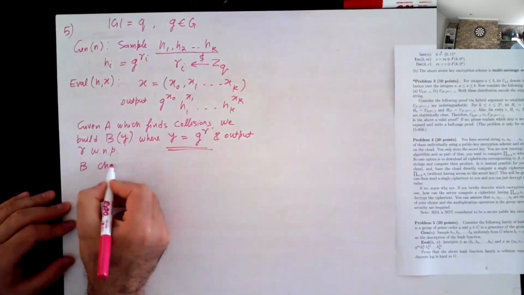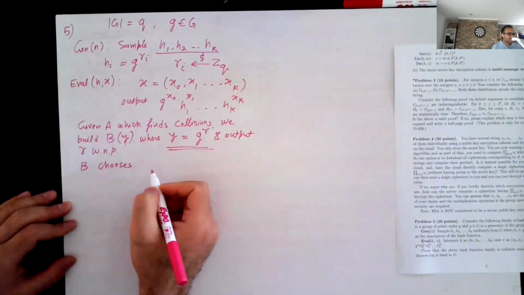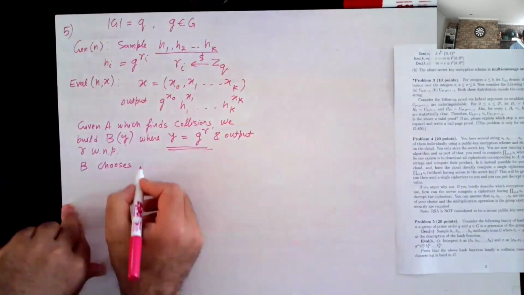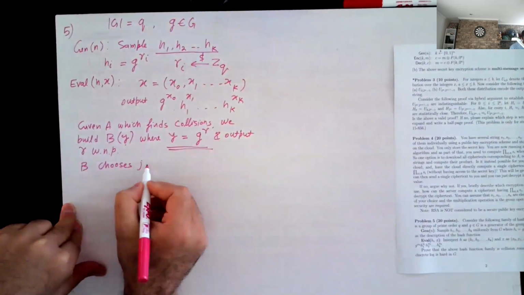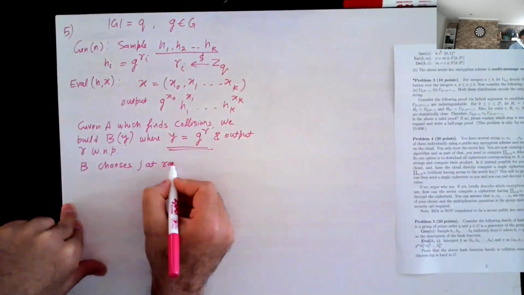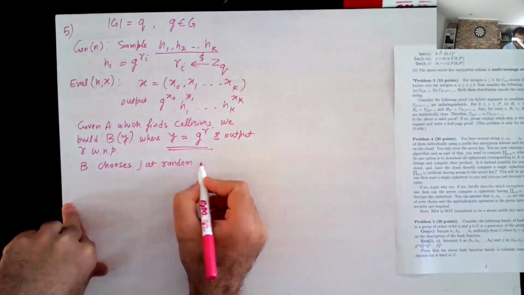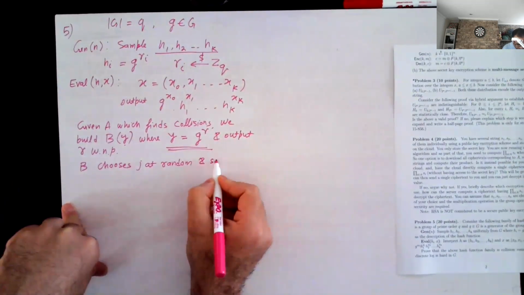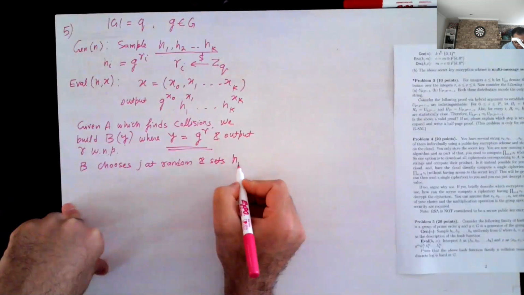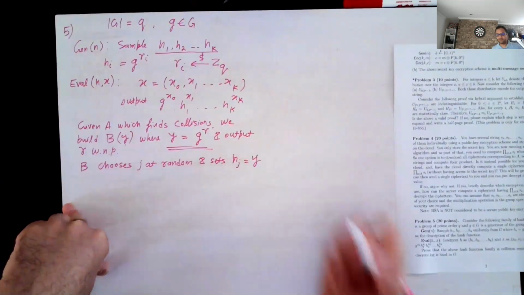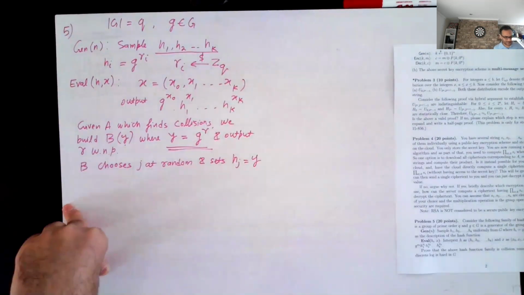Okay, so B works as follows. B chooses some j at random, from 1 to k, and sets hj equals y, which is equal to g to the power r.